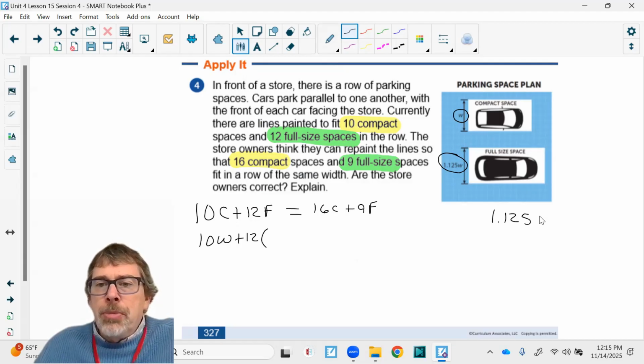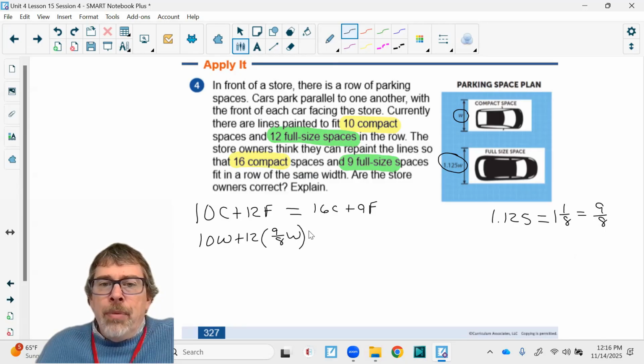I don't like working with decimals. That's the same as 1 and 1/8, which is the same as 9/8 as a fraction. Much easier to deal with. I'm going to use that. So I'm going to say 9/8 W for our F.